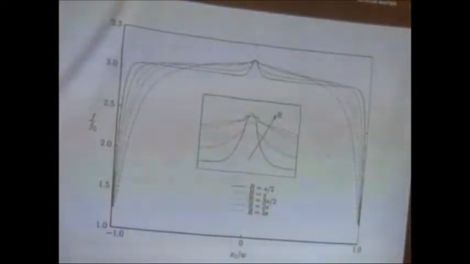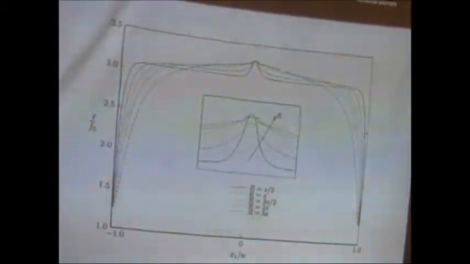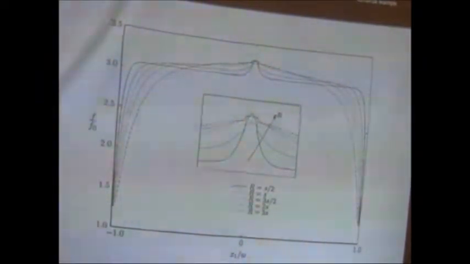Bigger differences we see when we look at the local value of the void volume fraction, or damage if you like, as a function of location. If we vary the capital R, which is our internal length scale, if the length scale is small, then you see a much more localized damage in the center of the bar, which is smoothed out as the R increases.